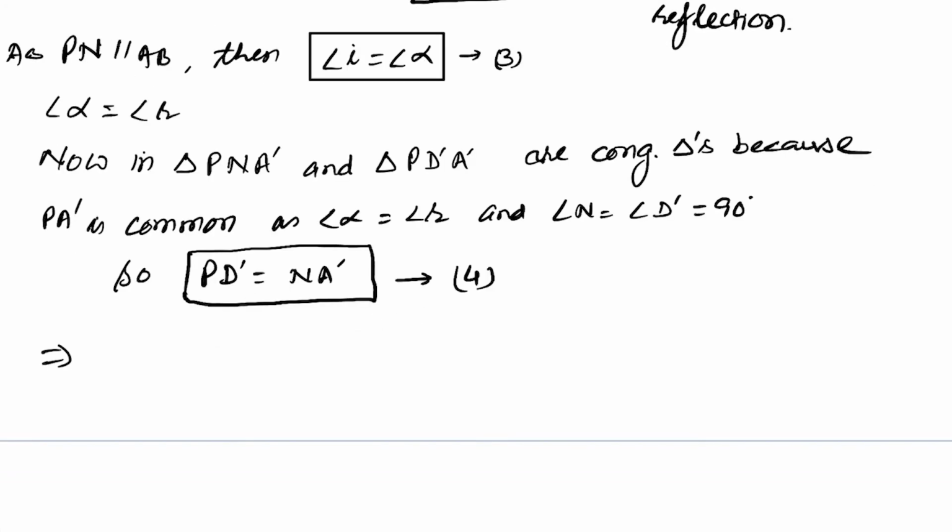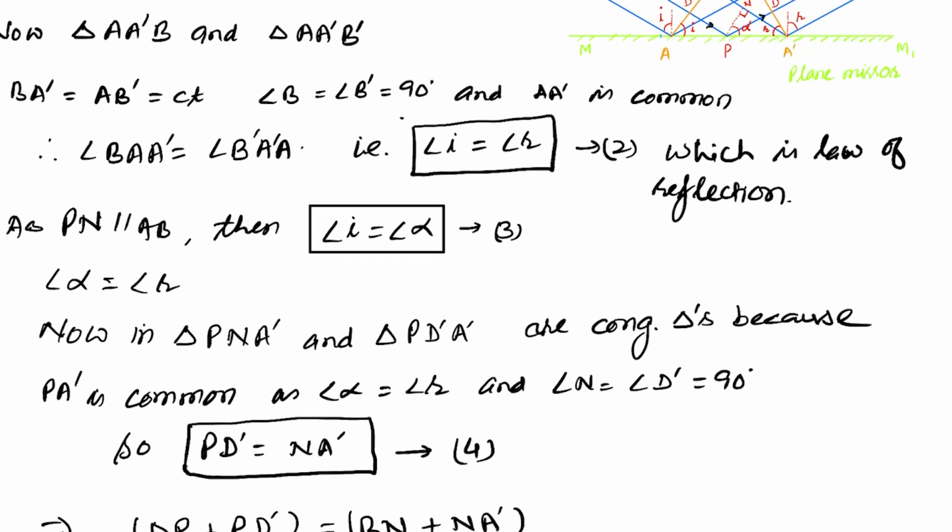This implies that DP plus PD dash is equal to BN plus NA dash. You can see all these things from this diagram.